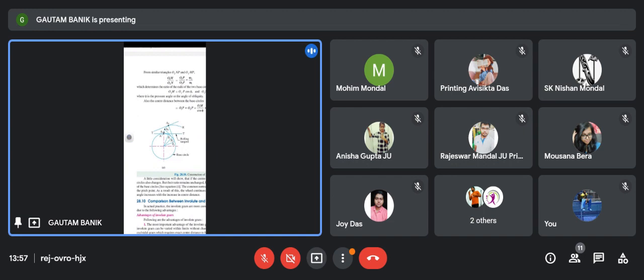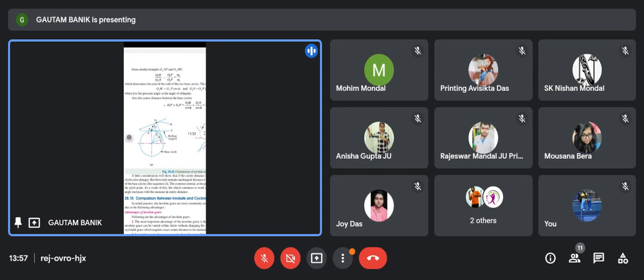When you draw the curve, that is called the involute curve. And sometimes the gear tooth is also called an involute gear.